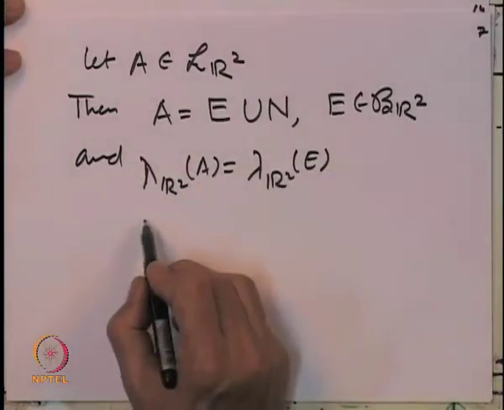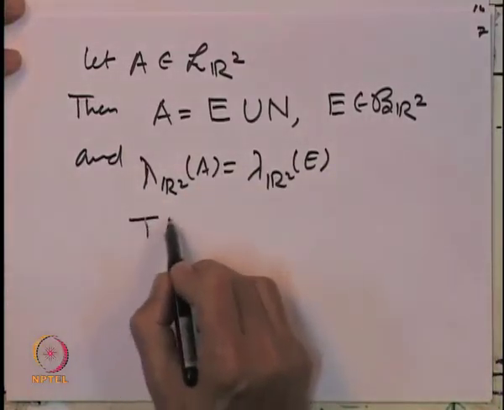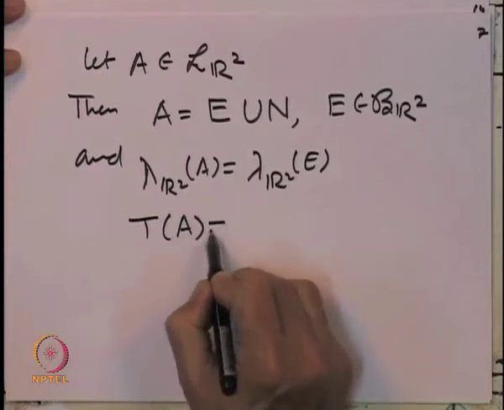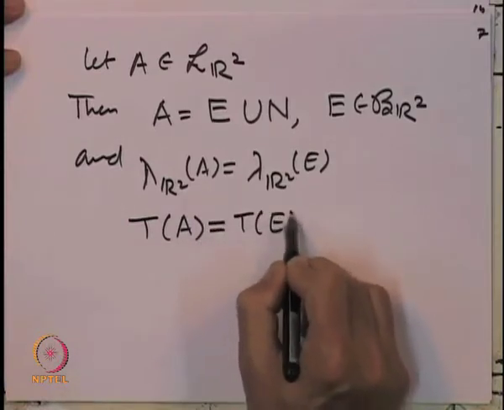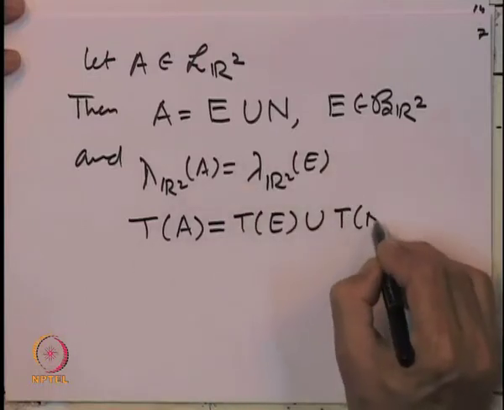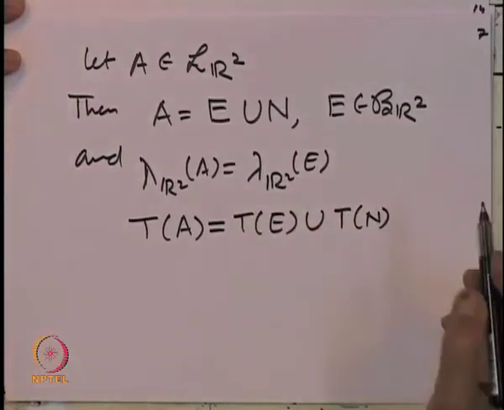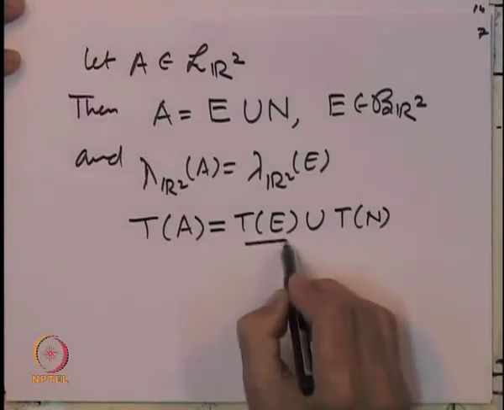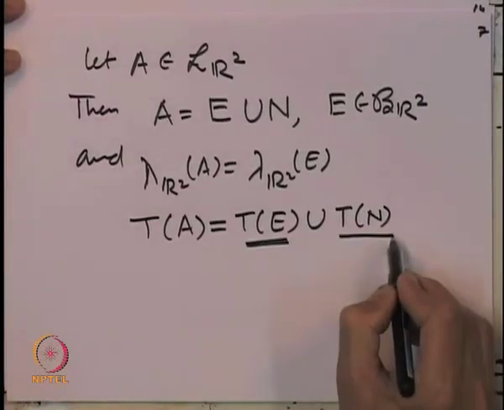Now, if we look at the set T of A, then that will be equal to T of E union T of N, if T is say non singular. And now, this is a Borel set and this is again a null set.